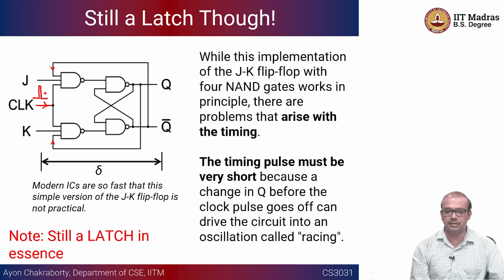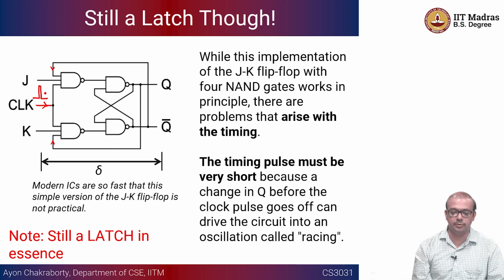So in that case it is going to toggle only once, but it is an impractical proposition. It is very difficult to make the clock pulse so narrow, because the NAND gates themselves are very, very fast, so the feedback is going to come up anyway. This is not a very good solution.